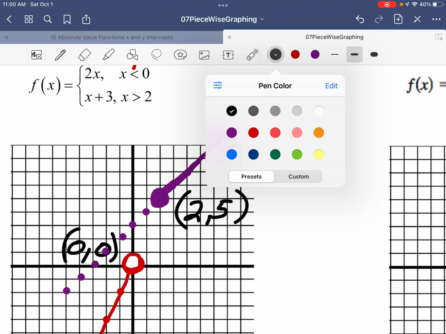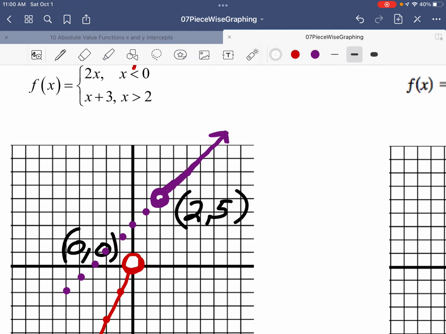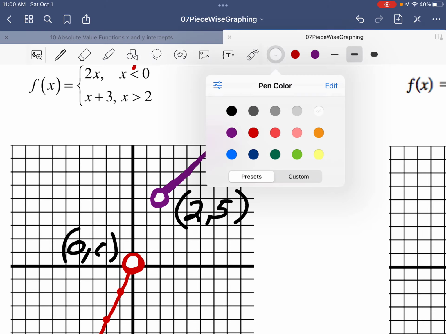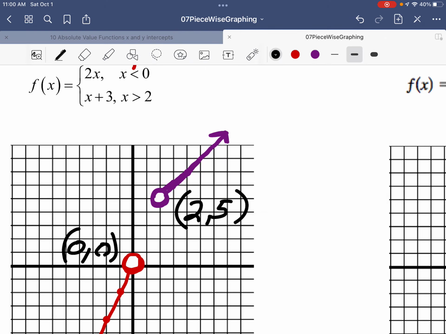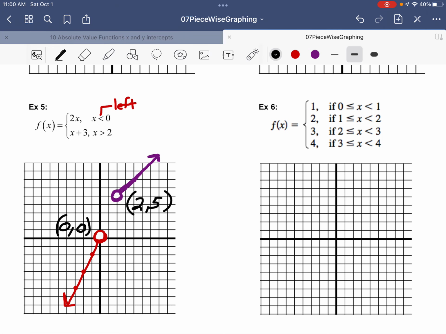It's just a greater than, not an equal to, so once again, we need to have an open circle here. The rest of this lightly shaded graph, we can get rid of. So our final answer looks like 2 lines, one of them pointing less than 0, to the left of 0, and the other one pointing greater than 2.